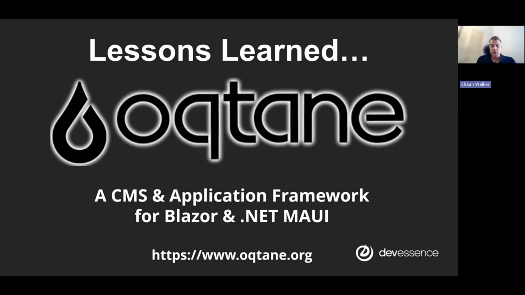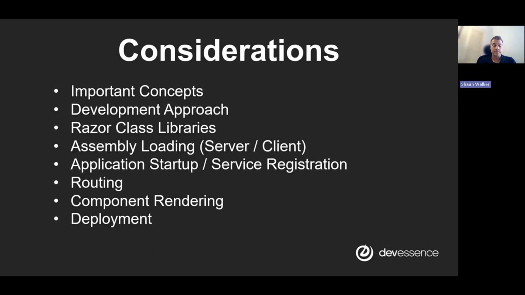A lot of the problems that I had to solve in modern .NET and Blazor were solved by implementing these features in Oqtane. So if you want to check out Oqtane, of course you can. It's on GitHub, and the main site for it is at www.oqtane.org.